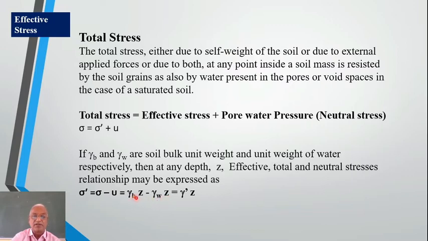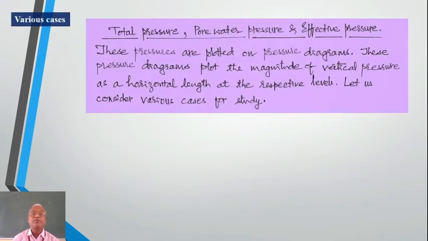Now this gamma b has to be obviously including water, which is gamma saturated, and the difference gives gamma dash z. Of course, anyway, this is the beginning expression, and this will be of great help in analyzing many problem situations. Okay, total pressure, pore water pressure, effective pressure.